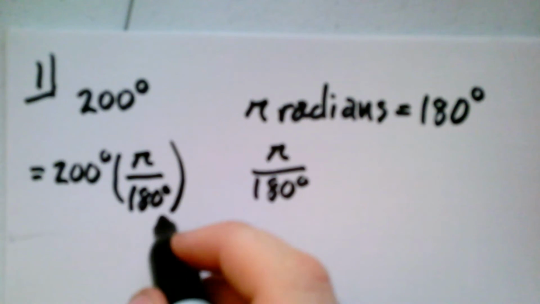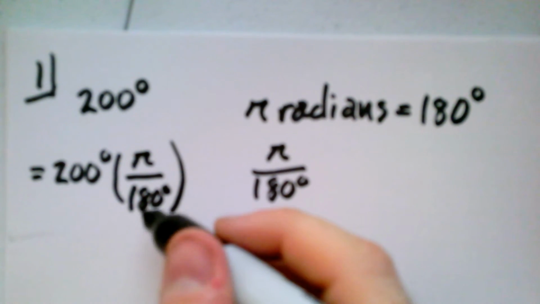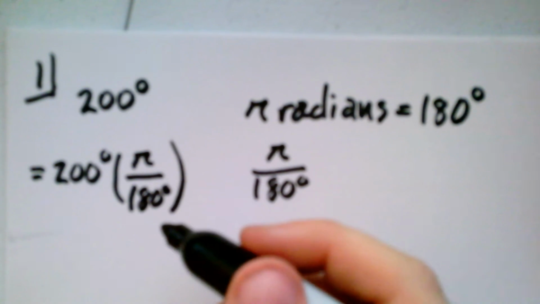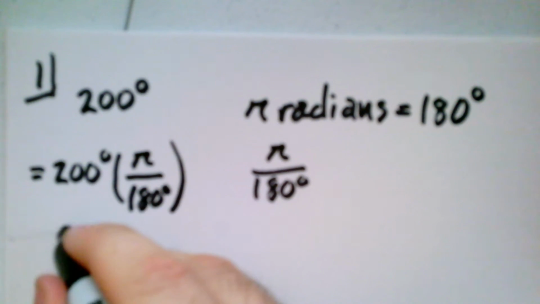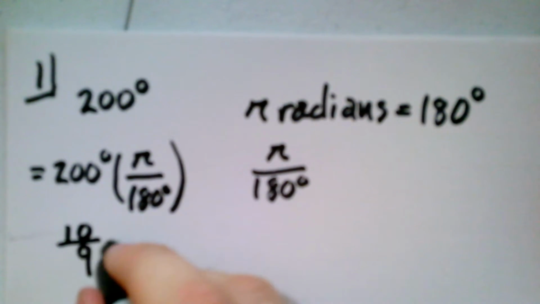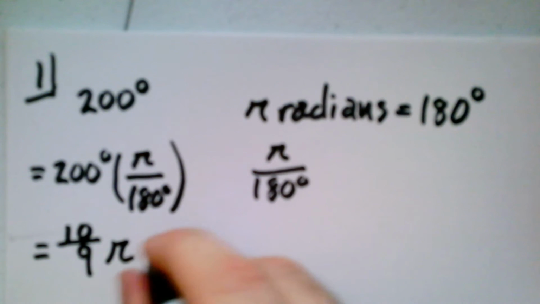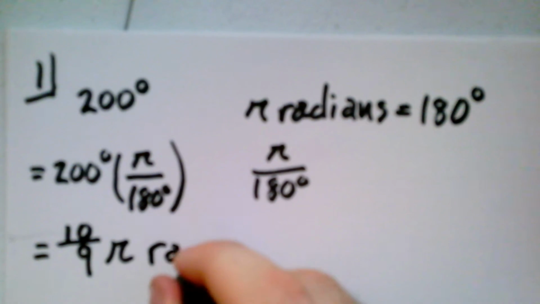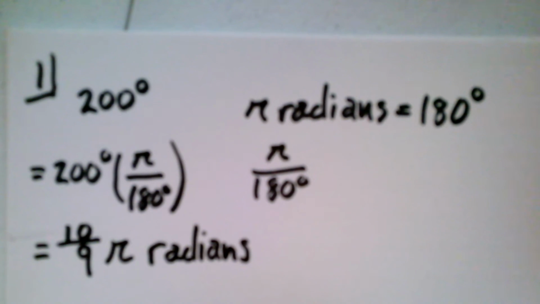Let's cancel some things here. 20 goes into 180 nine times, and 20 goes into 200 ten times, and we have pi. So 10/9 pi radians is equal to 200 degrees. Well, that's not so bad.